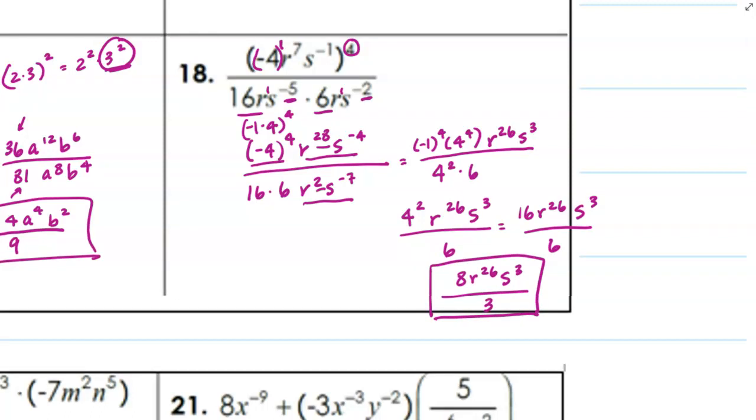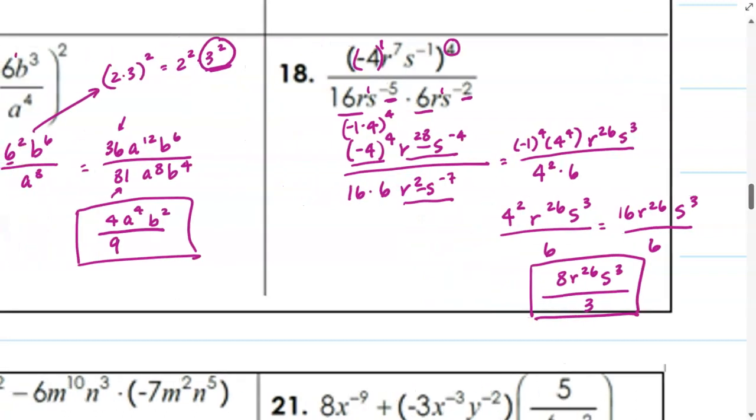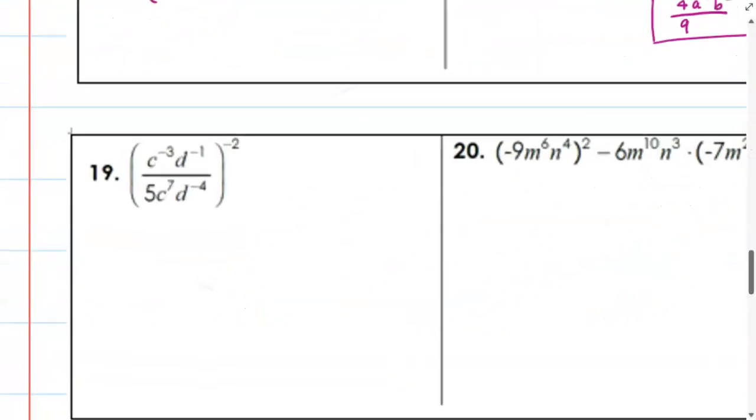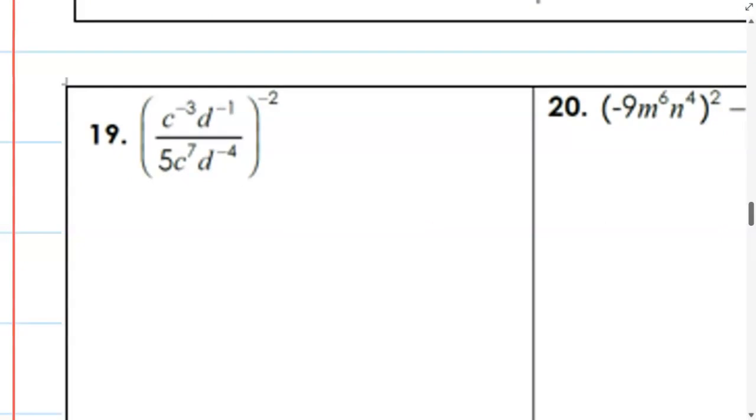Now, I know for some of these problems, I went kind of in weird ways, and it's just so that I could apply the exponent properties a little bit more. You don't have to do it this way. You could just take the numbers and simplify it, but I'm just playing around to show you that, hey, you can do it this way.